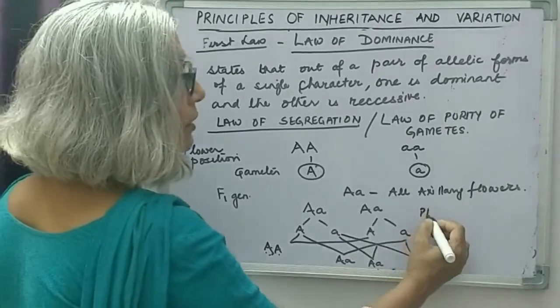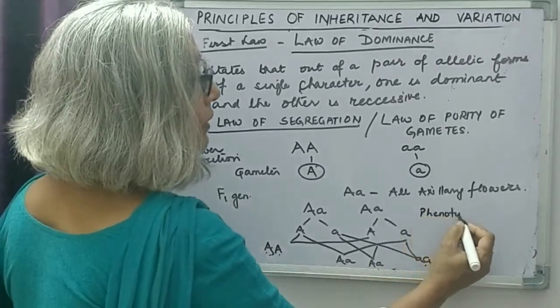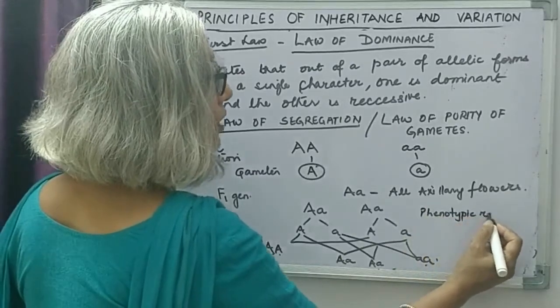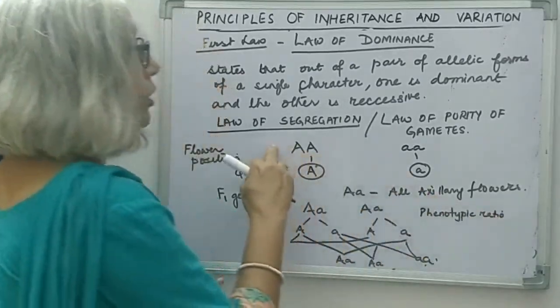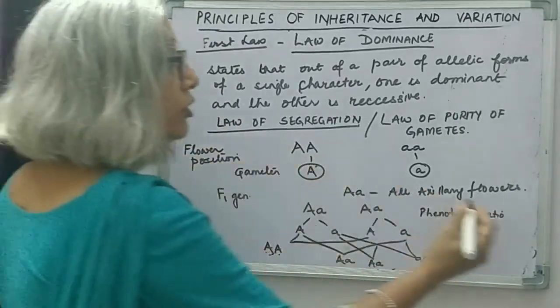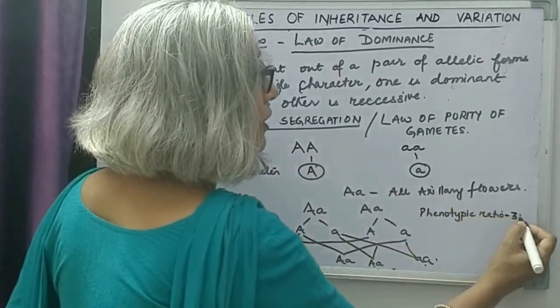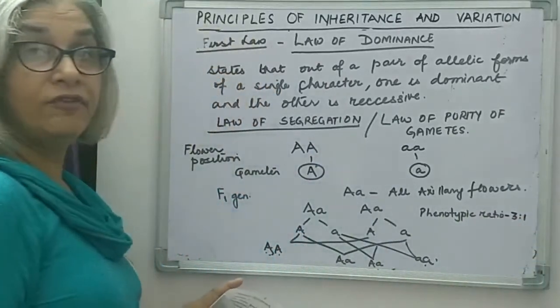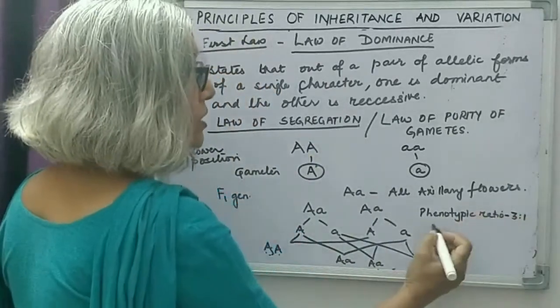So again, the phenotypic ratio we have taken into consideration in this monohybrid cross, a different character, that is flower position. Phenotypic ratio is 3 plants with axillary flowers and 1 which is terminal.